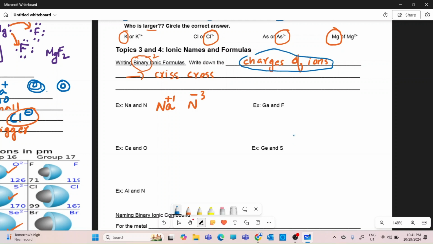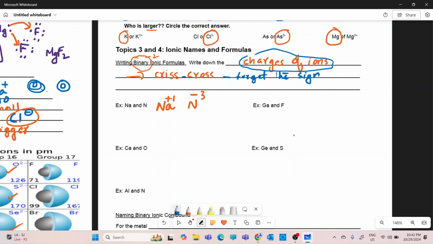Then now we are using the crisscross method. For the crisscross method, I'm going to bring this number to this one and this number to this, and you need to completely neglect or forget the sign of the charges.